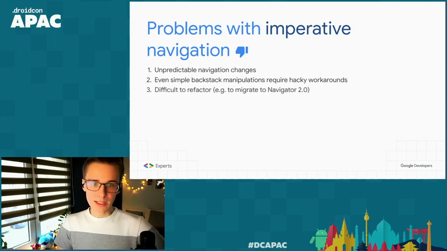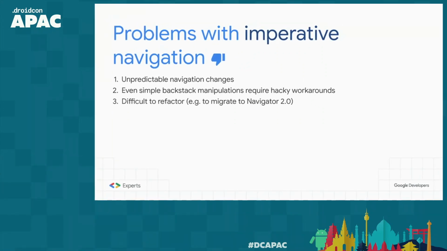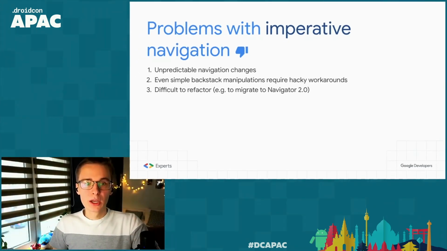Then, the typical navigation approach is relatively hard to refactor. If you keep everything in one place and have a common file or some class to handle this, it's relatively easy. But if you have scattered your navigator.push, navigator.pop everywhere around your app, you will have some issues with refactoring this and also with testing this.